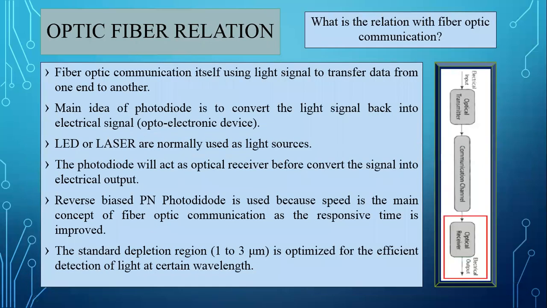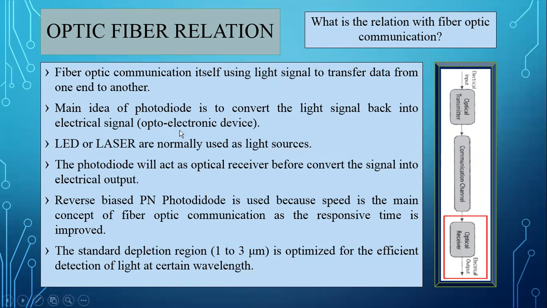Okay, moving on to the last part: how we can relate this PN photodiode to fiber optic communication. Basically, we know that fiber optic communication uses light signals to transfer data from one end to the other, while the main idea of the PN photodiode is to convert the light signal back into an electrical signal.